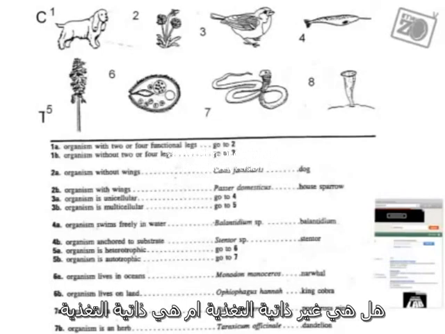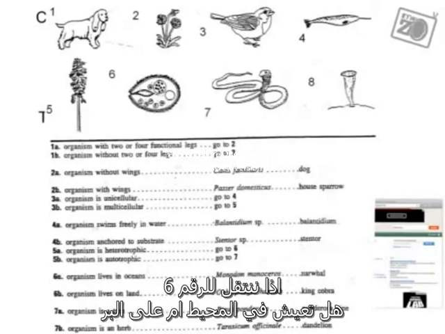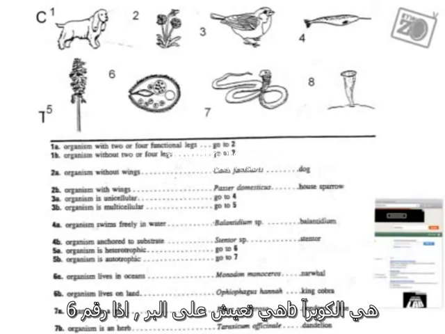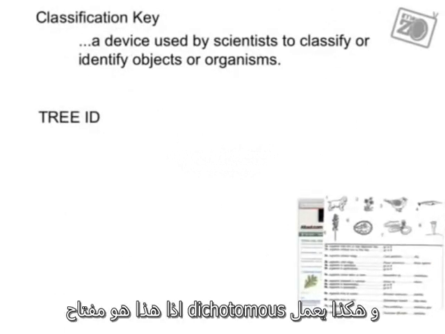Is it heterotrophic or autotrophic? Wow, big word. Autotrophic means it can make its own food. Heterotrophic means it can't. So, can a snake make its own food? Yeah, I don't think so. So, moving on to number 6. And number 6 says it lives in the ocean, it lives on land. Well, since it lives on land, number 6B is a king cobra.